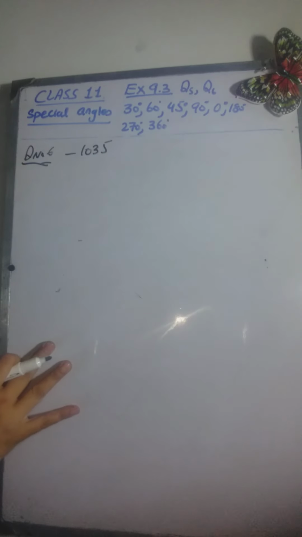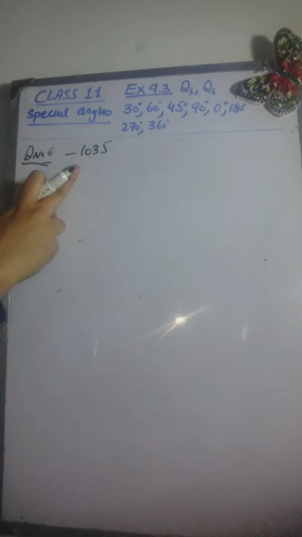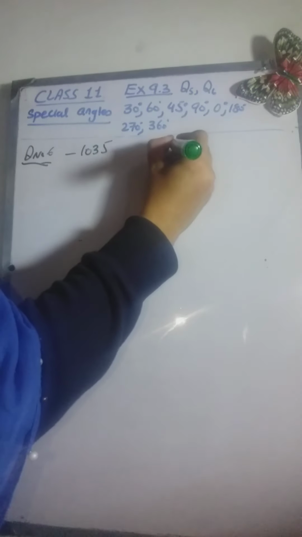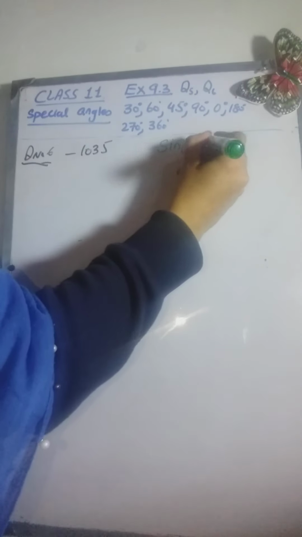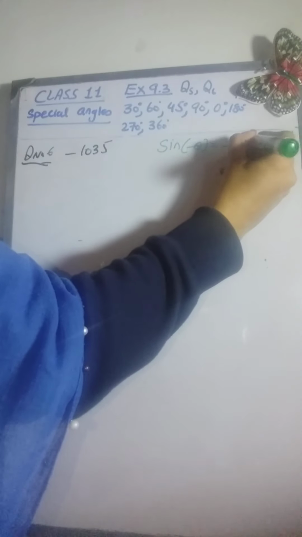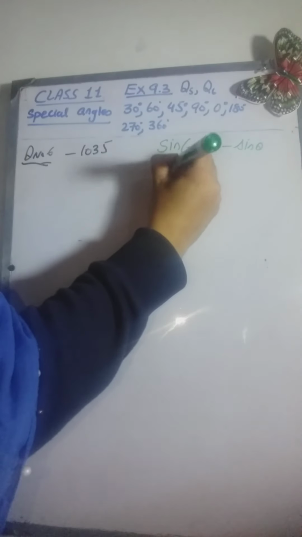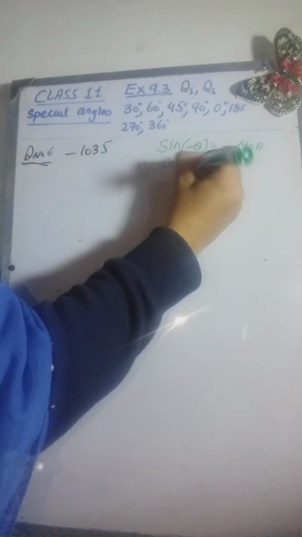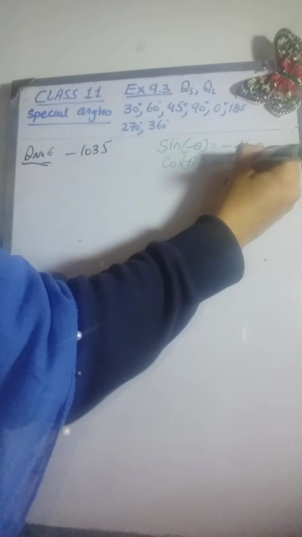First of all, it is a negative angle, and here we are going to use the property of sine and cosine, which says that sine of negative theta is equal to negative sine of theta, and cos of negative theta is always equal to cos of theta.